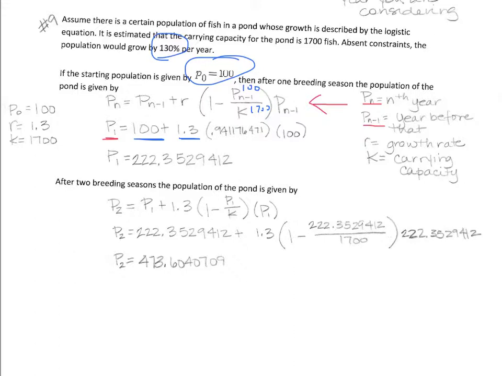Okay? And when you do that division and then subtract it from 1, you get this decimal. Times again our P sub n minus 1, which is P sub 0, so our 100. When you do all that out, you get the population after one breeding season would be this.